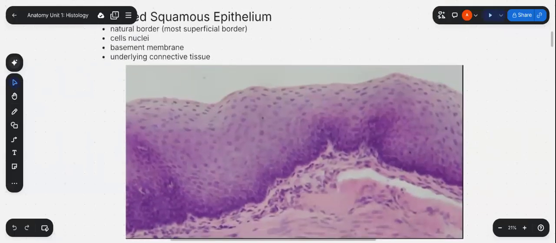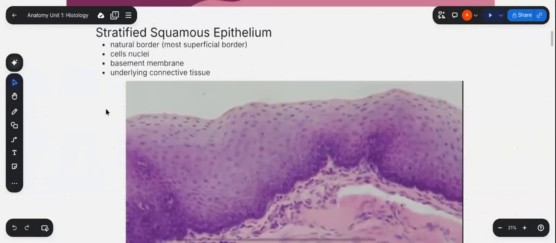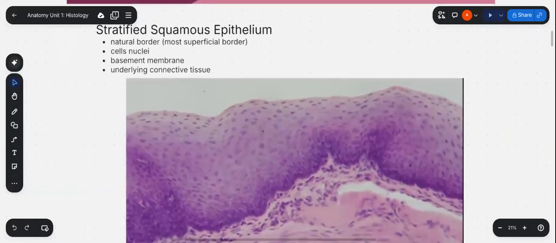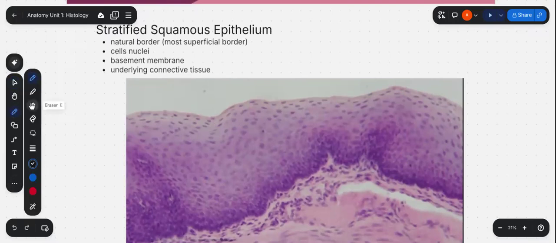So starting off, we are going to be looking at stratified squamous epithelium. There are four main things that you need to know for this type of epithelial tissue. The first of which is your natural border, which is basically going to be your most superficial border. So over here in black that I have labeled, that is your natural border.